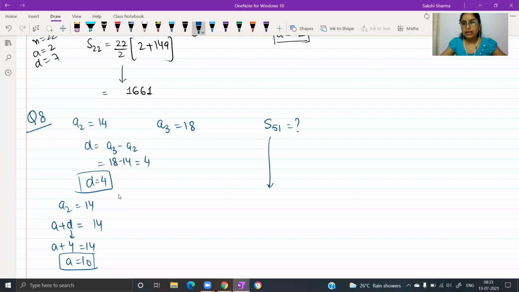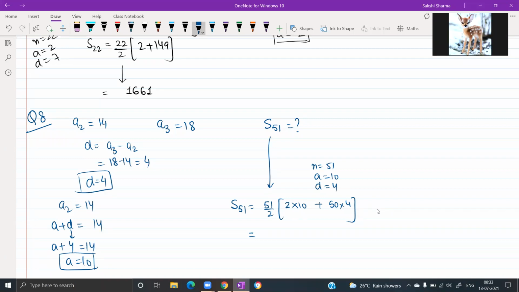Now we can find out S51, the value of n is 51. a we have obtained as 10, d we have obtained as 4. So S51 equals 51 by 2 in the brackets, 2 into 10 plus 50 multiplied by 4. Taranpreet, what's the answer for this? Ma'am, I'm solving it.